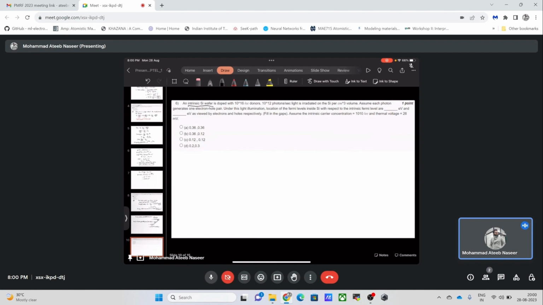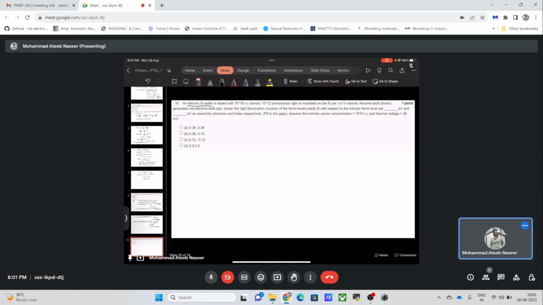So as a result of this, we will be having different Fermi levels that we will require in order to represent the electron and hole levels inside the semiconductor material.